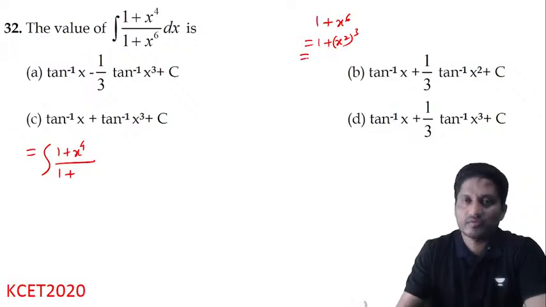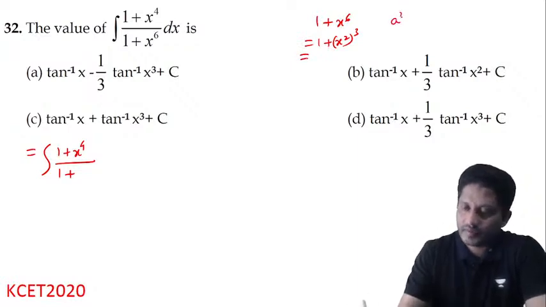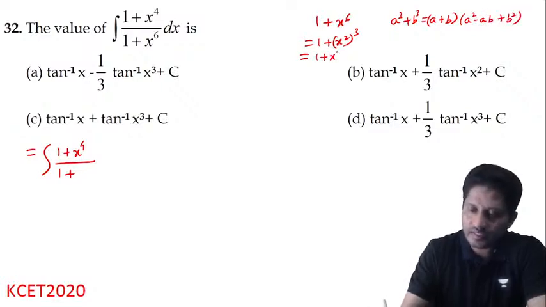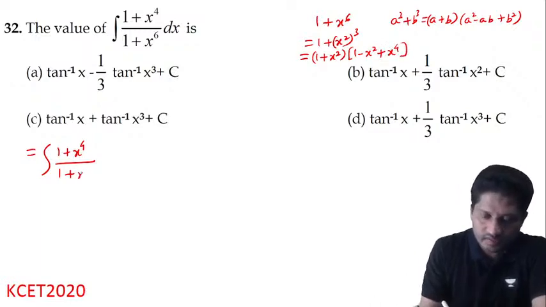We know that a cube plus b cube, if you take a plus b out, then it is a square minus ab plus b square. So I'll take 1 plus x square outside, then you get 1 minus x square plus x power 4. So this is 1 plus x square into 1 minus x square plus x to the power of 4, and then dx.